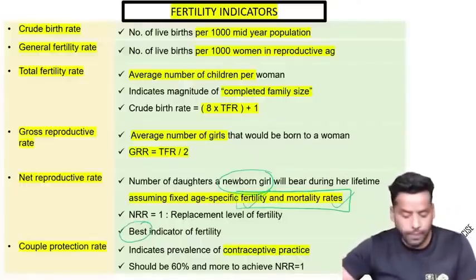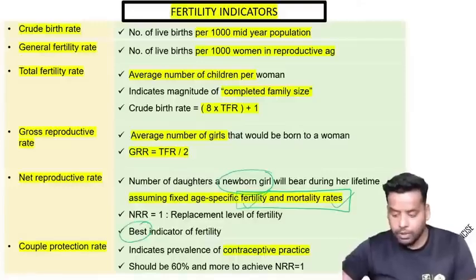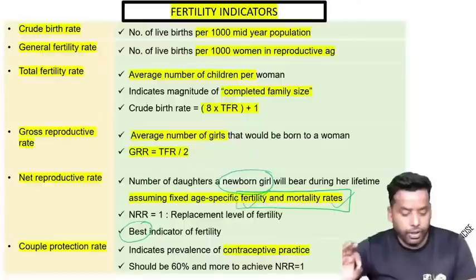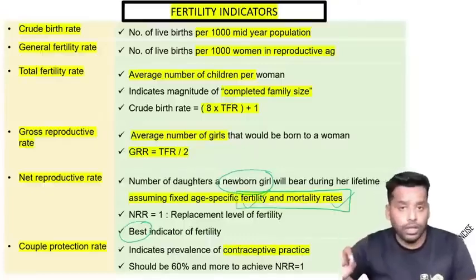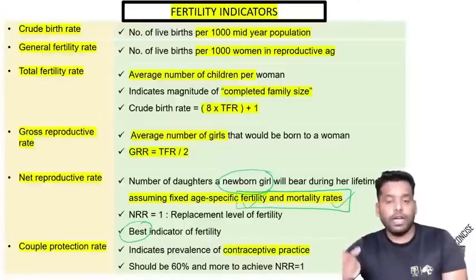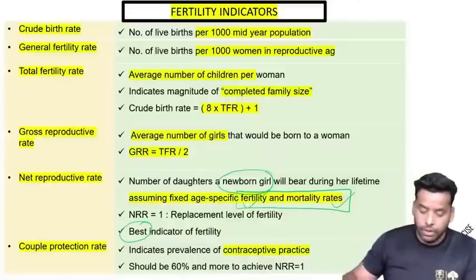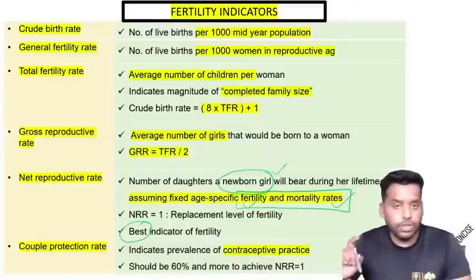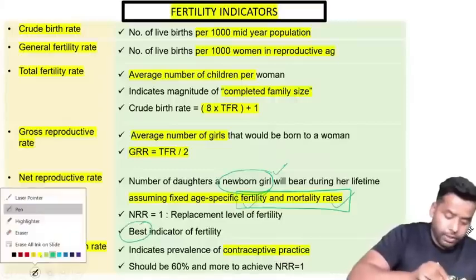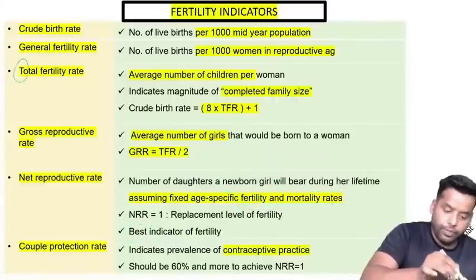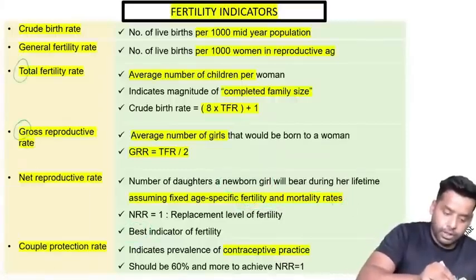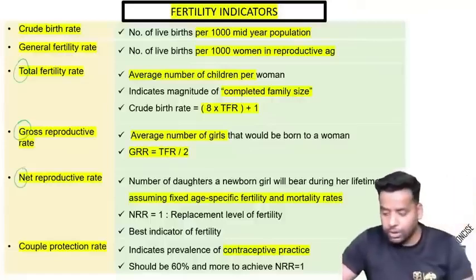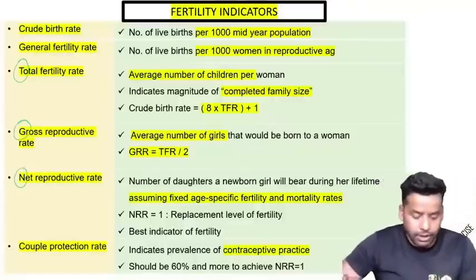Net reproductive rate, because N for net, N for newborn girl, number of daughters a newborn will have in the future. So very easy to remember. T for total, G for gross girls, N for newborn will have in the future.